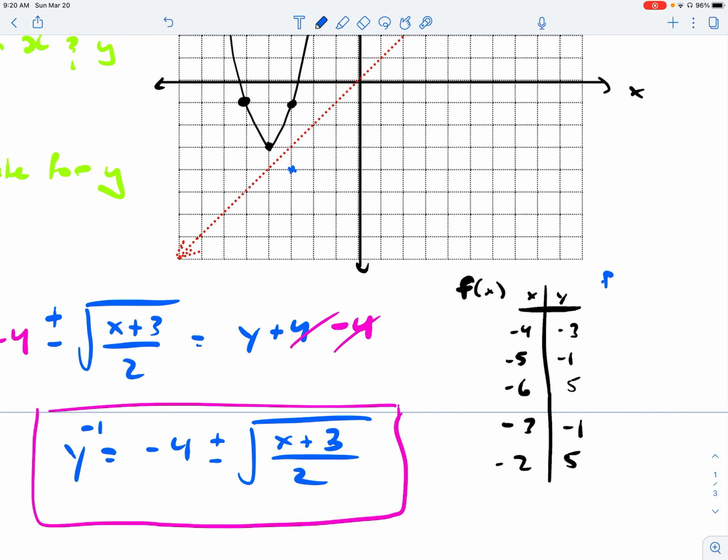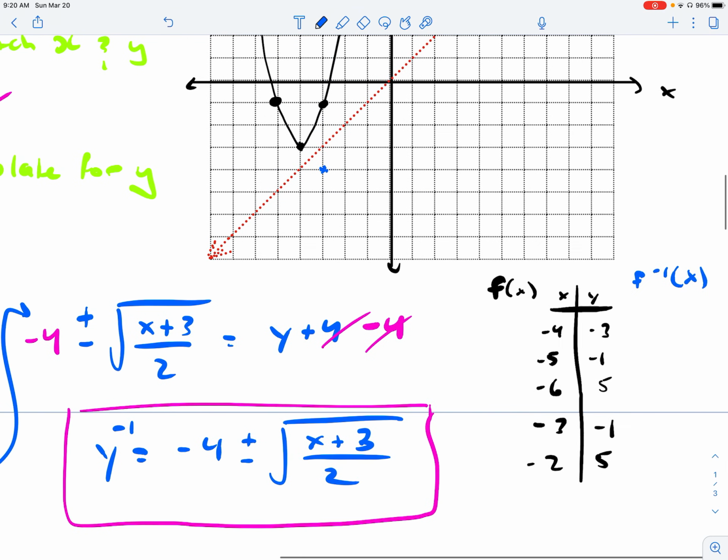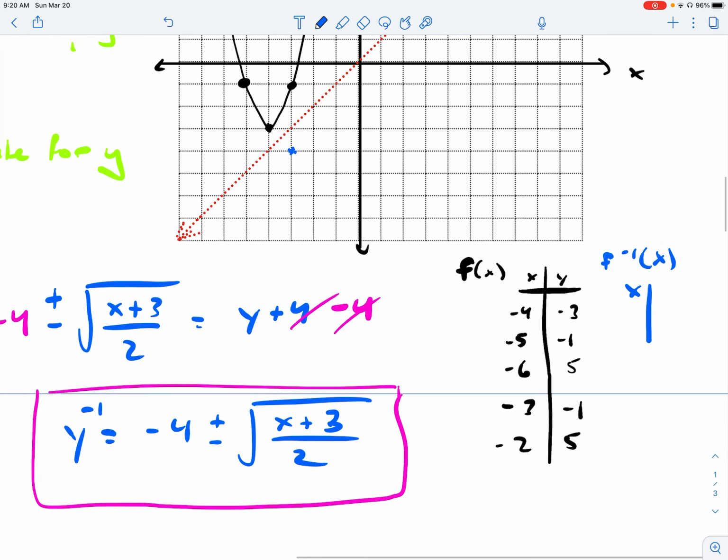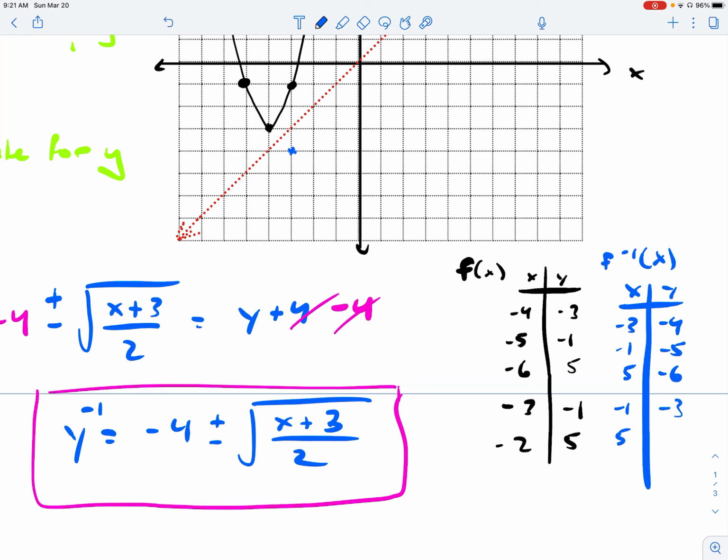For the inverse, those are just going to switch. The x and y just switch. So we'll have -3, -4, -1, -5, 5, -6, -1, -3, 5, -2.